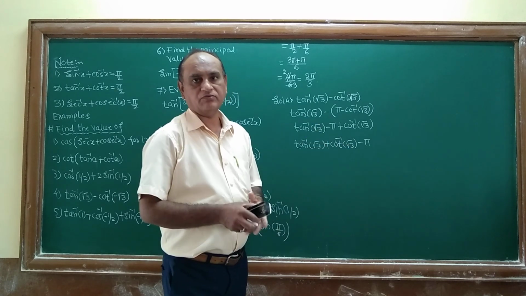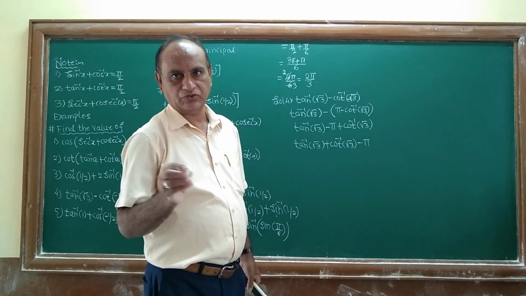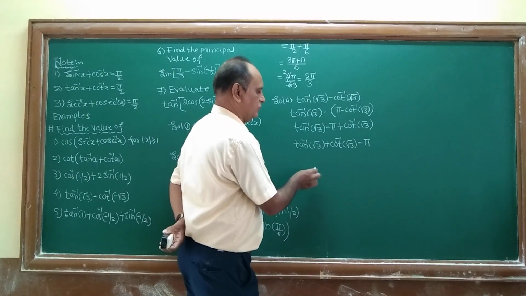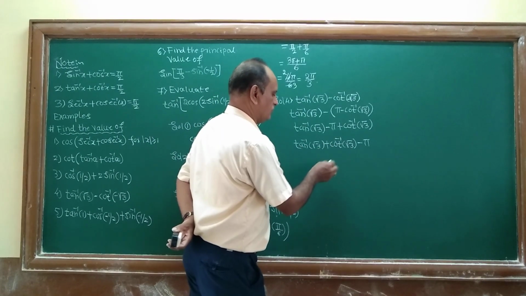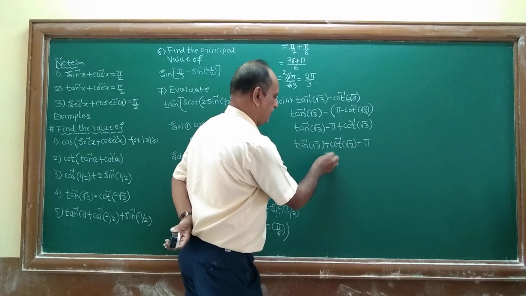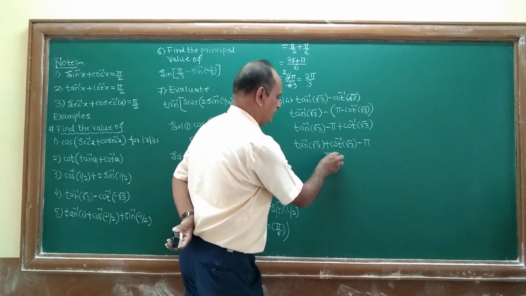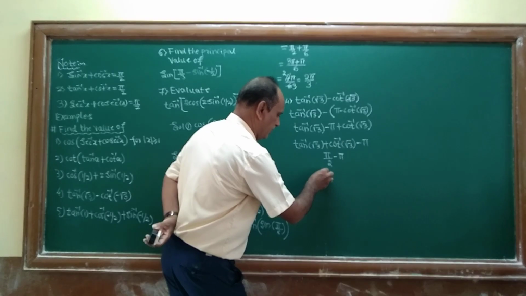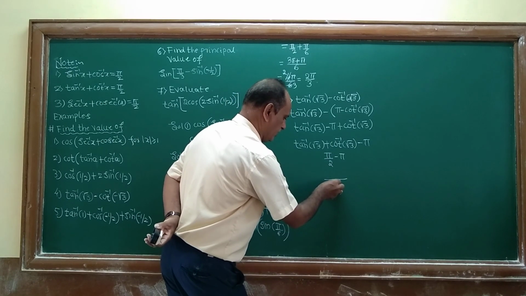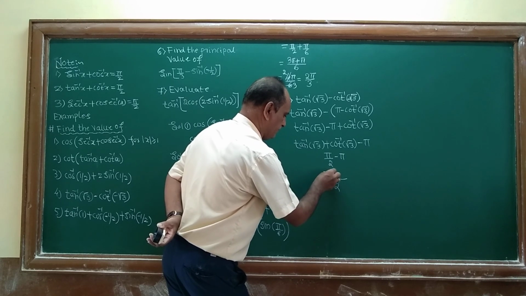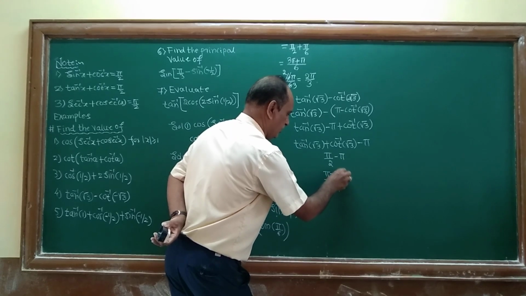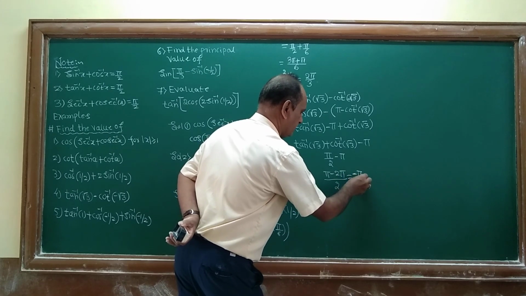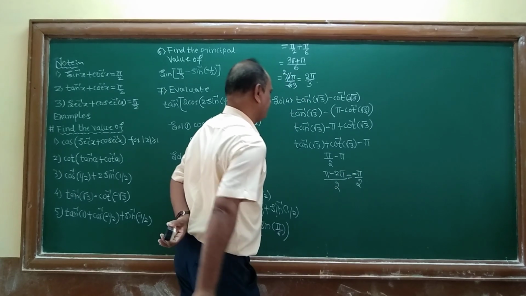On the same line, tan inverse of root 3 plus cot inverse of root 3 is pi by 2, then minus pi. Then by taking the LCM, 2 is the LCM, that is pi and then minus 2 pi. So the total answer is minus pi divided by 2.